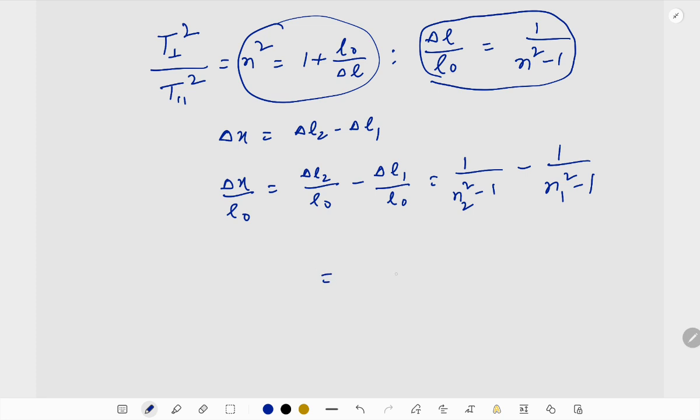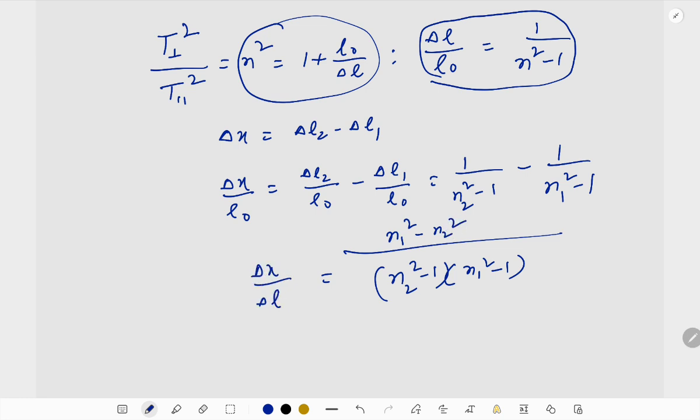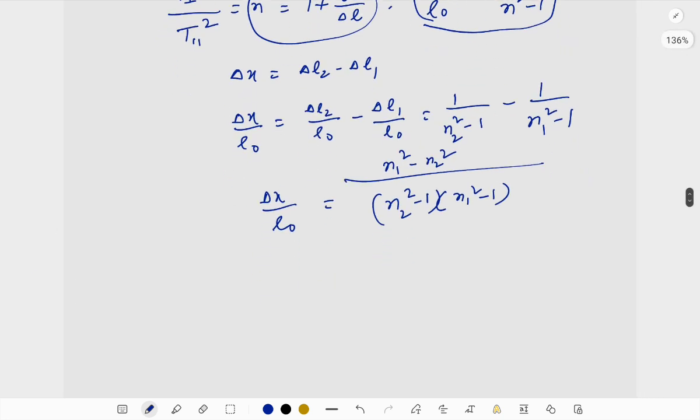and we can solve them, and we can get here (n2² minus 1) multiplied by (n1² minus 1), and that will be n1² minus n2², something like Δx by L₀, not Δx by ΔL, Δx by L₀ equal to this. And since Δx is known, we can get the value of L₀, and n2, n1, everything is given.